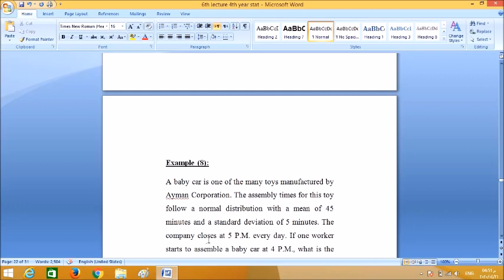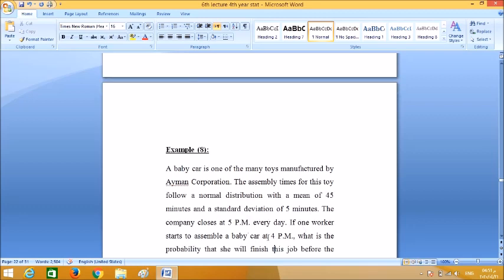The company closes at 5 p.m. every day. If one worker starts to assemble a baby car at 4 p.m., 4 p.m. means before closing by 1 hour.